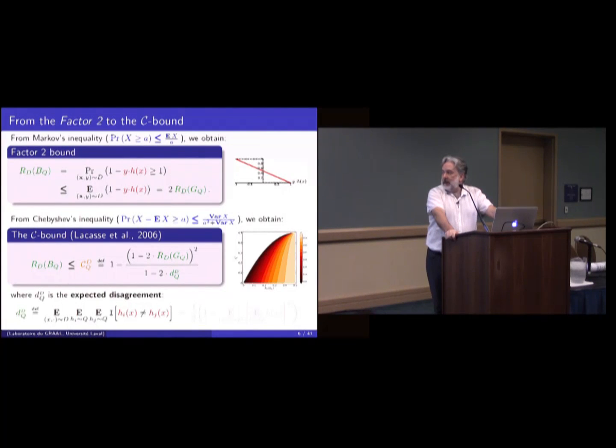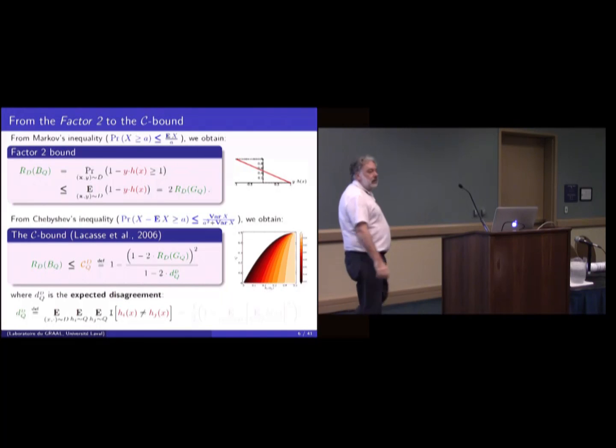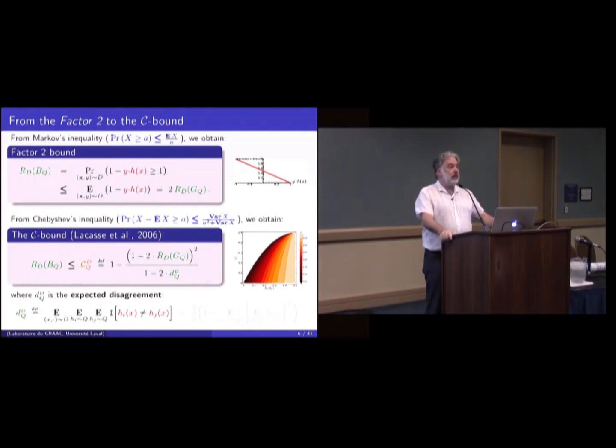So what you have is that you can bound the risk by what we call the C-bound, which is based on the risk of the Gibbs classifier and also the second moment of the loss function, basically. And what you can see here is the risk of the Gibbs classifier, and so you can see that you have more room where you can have a good generalization error for the majority vote.